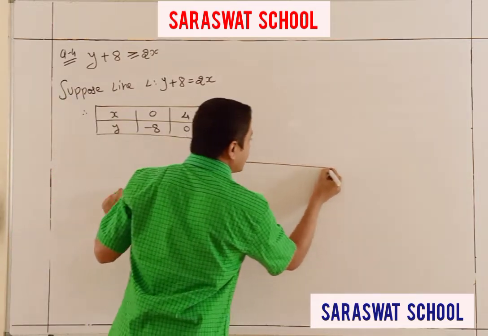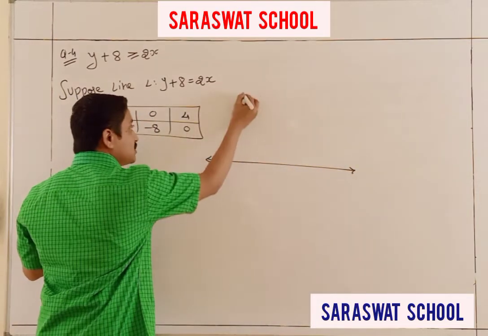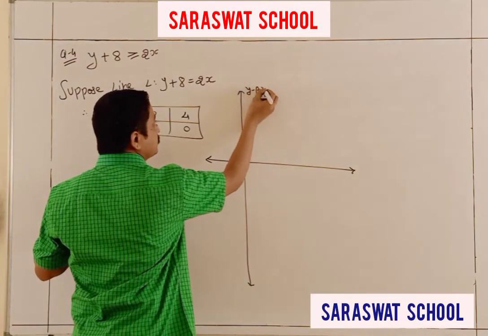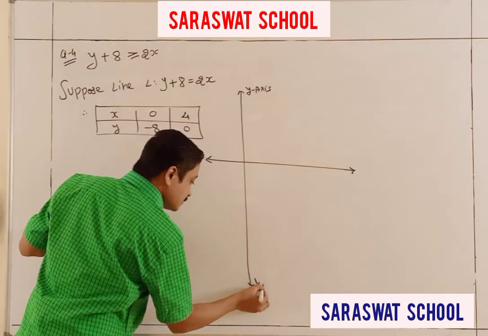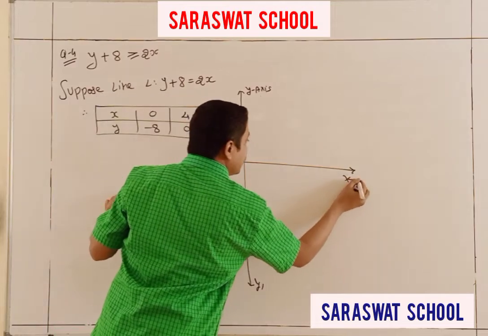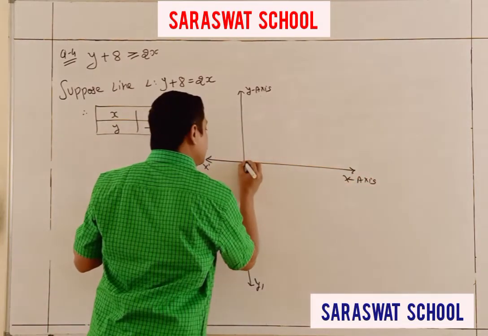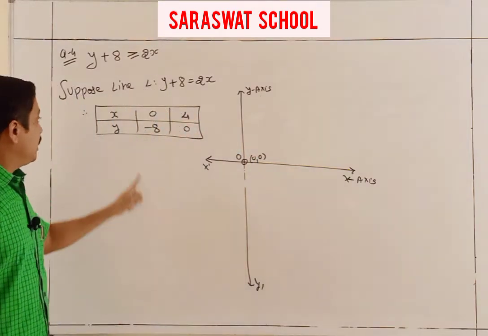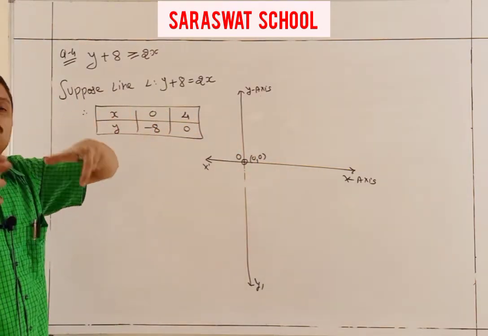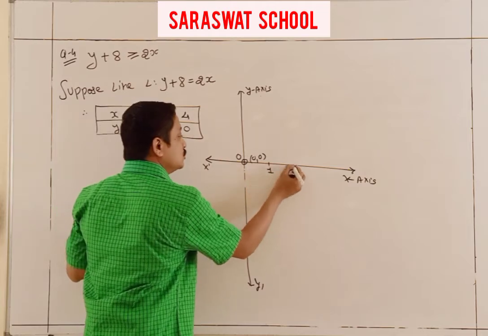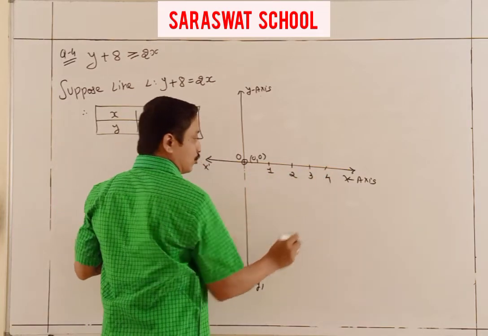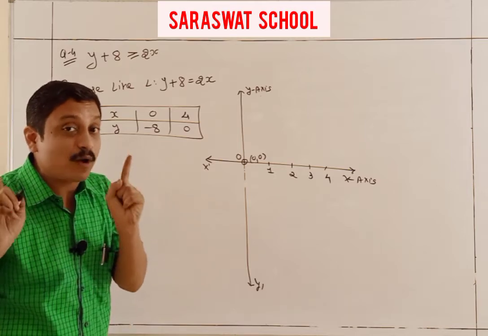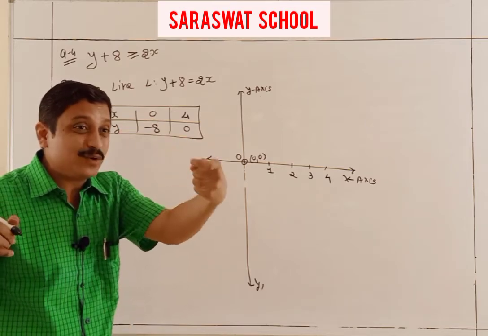Because your answer is in this way, just running that. Y is negative, y axis, y dash, here x dash, here x axis. And here you know the origin 0, 0. On the x axis, I just go up to 4: 1, 2, 3, 4. You draw it using a scale of proper measure, students, properly measured: 1 centimeter, 1 centimeter, 1 centimeter.